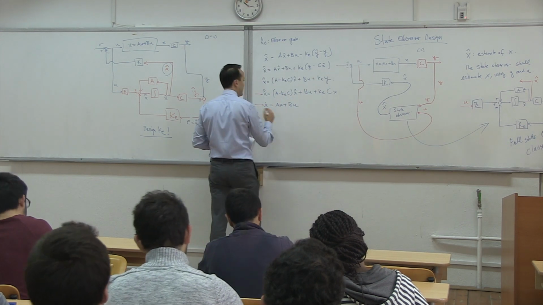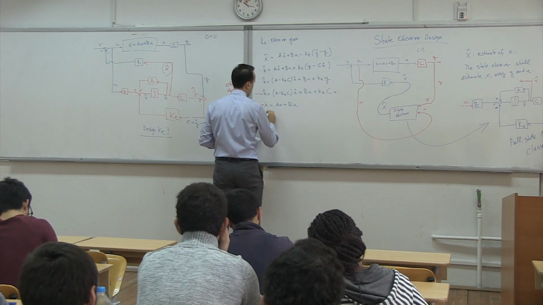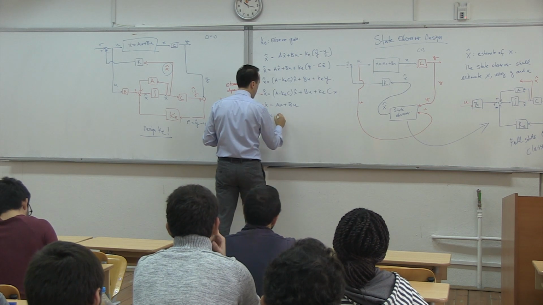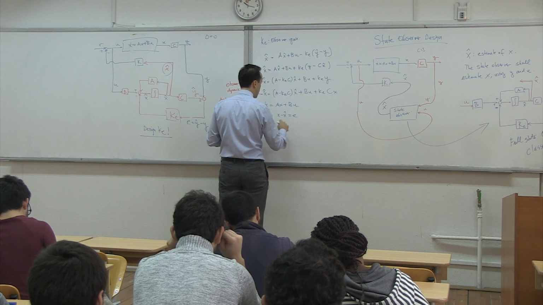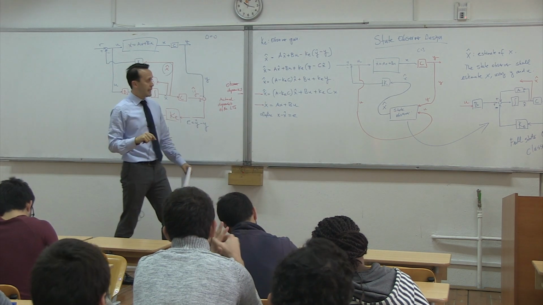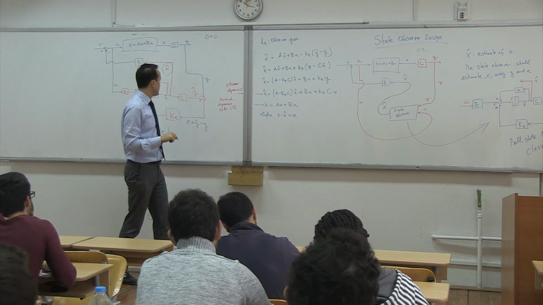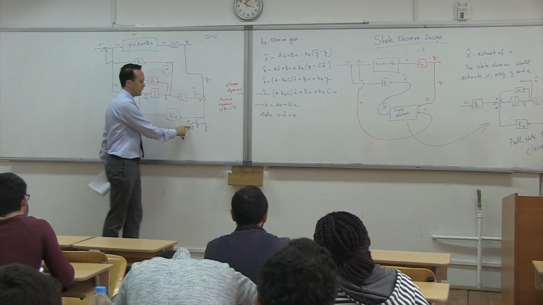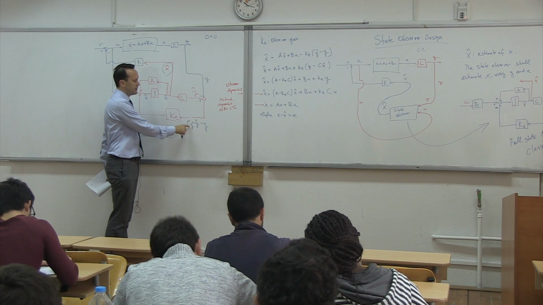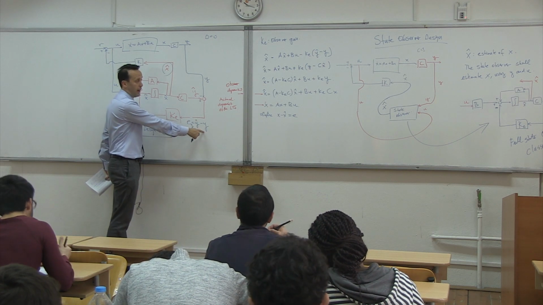So define x minus x hat is equal to E. Okay, x minus x hat is E, so maybe you want to call this EY here. Okay, put a little EY here, denoting that this is the error of y hat minus y.